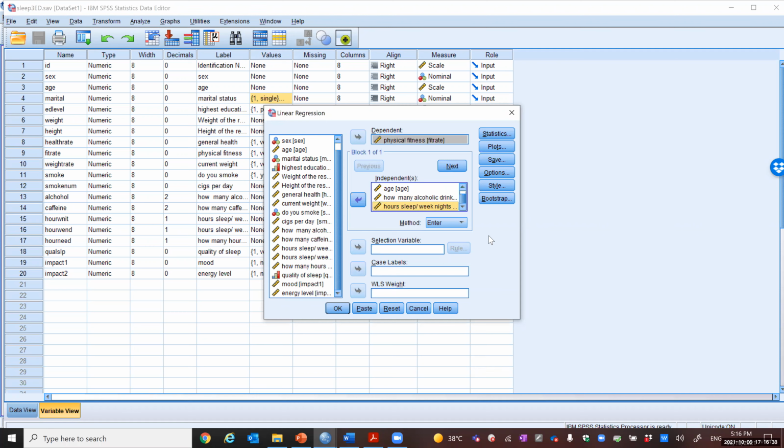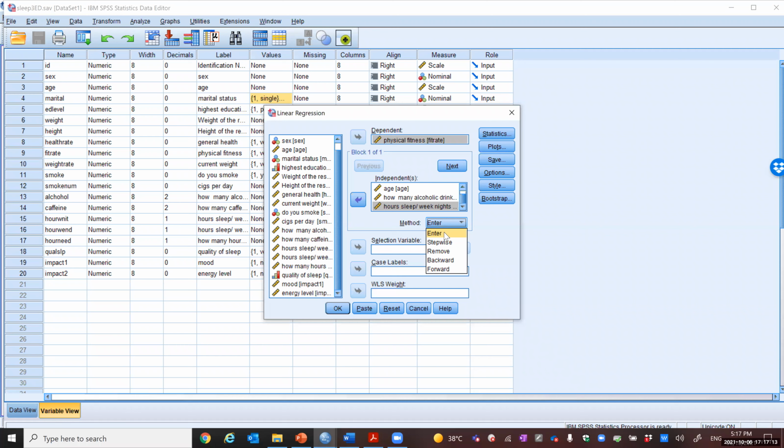Okay, so now regression here gives you different methods. It has enter, stepwise, remove, and so on. Most of the time we do enter. Enter means that it would enter all the independent variables at one point in time into the regression equation. If I use stepwise, it will enter age first, give you parameters, and then it would enter the next variable, and the third and the fourth.